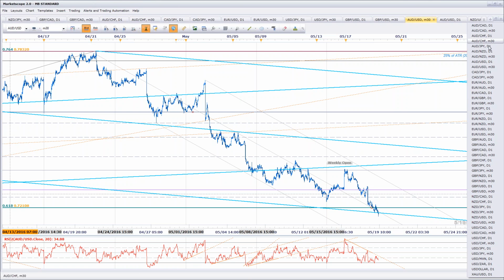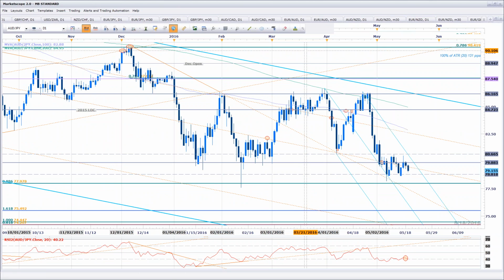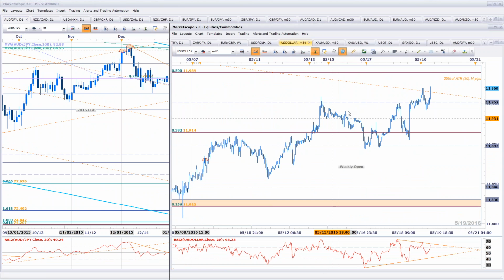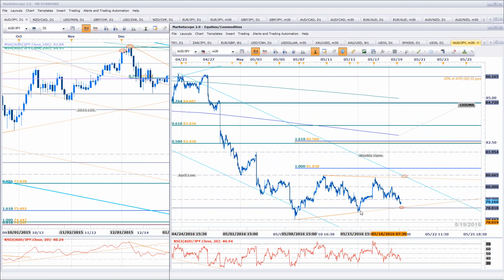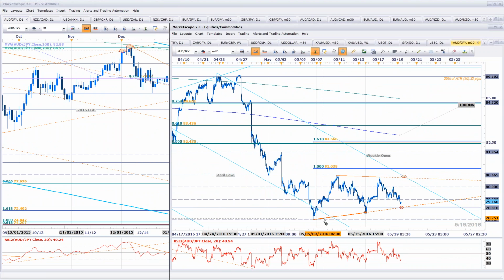I wasn't really impressed by that setup per se, but on an intraday basis, it still looks pretty clean. You're looking at a very clean consolidation right above the monthly low day close, which comes in at 78.82.